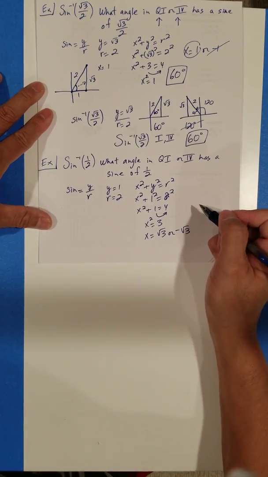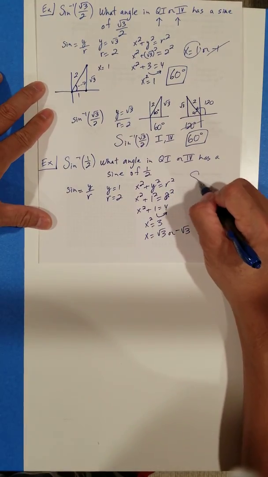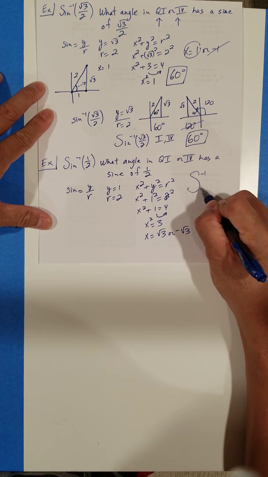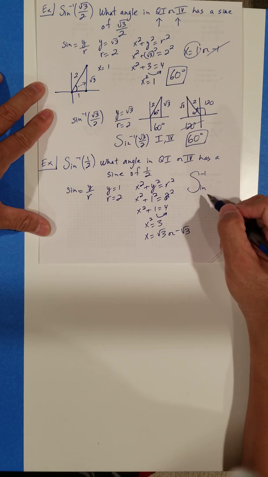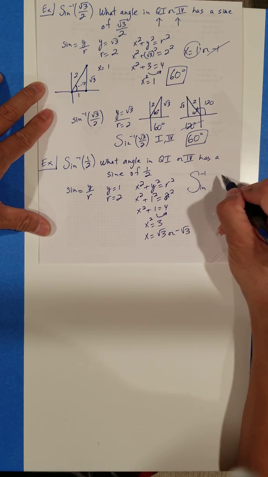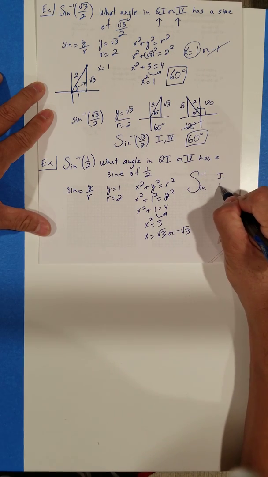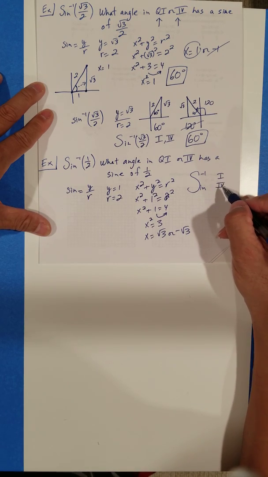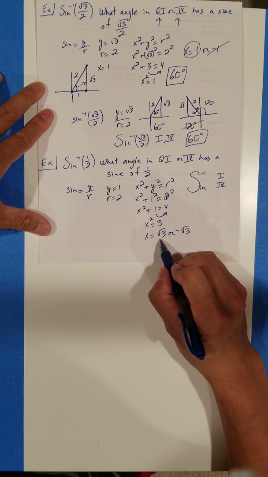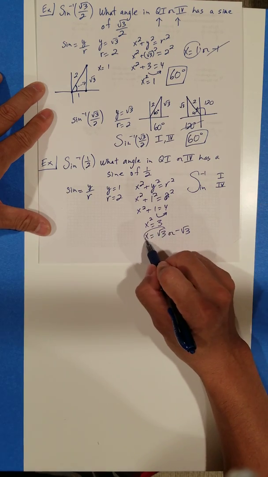Okay, but remember, we're talking about principal value sine. Now, what quadrant is this only allowed in? It's only allowed in quadrant 1 and 4. So these are the only two angles. Now, in quadrant 1 or 4, can you have an x of radical 3? Yes.